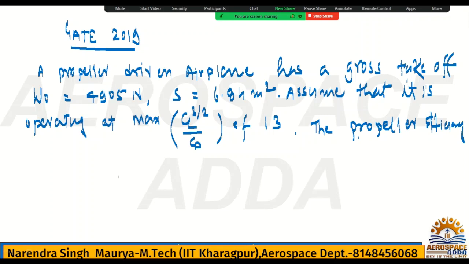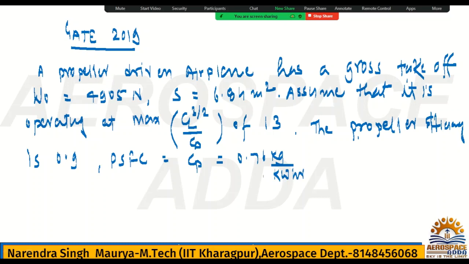The propeller efficiency they have given is 0.9. PSFC means Cp, they have given how much? 0.76 kg per kilowatt hour.